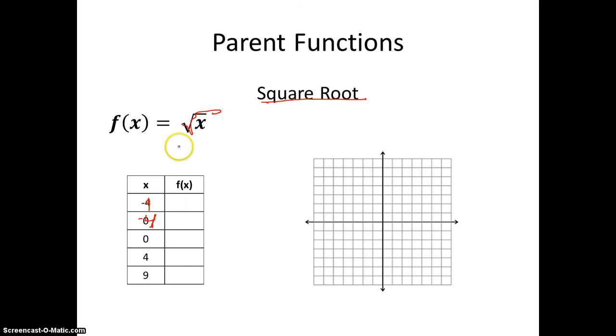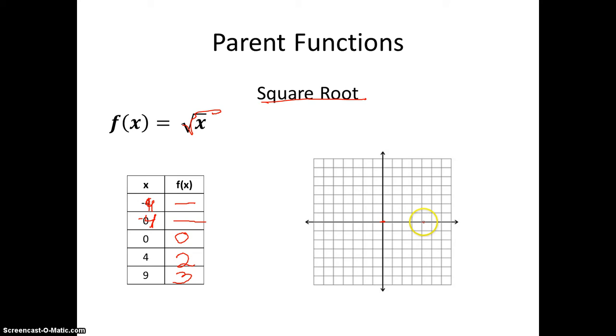So negative 4. What do we know about a square root? We cannot have anything negative in it. So once again, just like we had a 0 earlier, because we can't have any negatives there, whether it's a negative 9 or a negative 4. Now, if we put 0 in, we still get 0 out. If we put 4 in, we get 2 out, and 3 for 9. So what we get for our graph is 0.